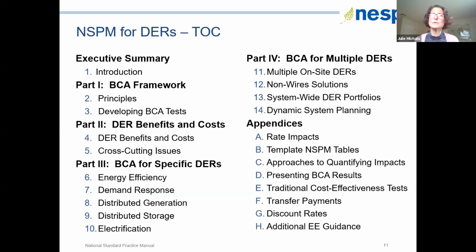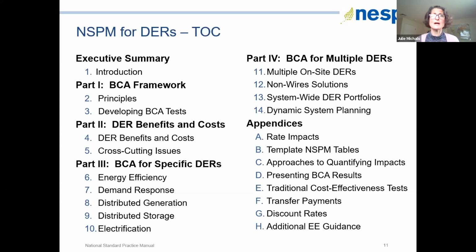So as a user, we really wanted to make this user-friendly in that, first, we set out to lay out this BCA framework and how a jurisdiction can develop a primary test and the usefulness of considering secondary tests.